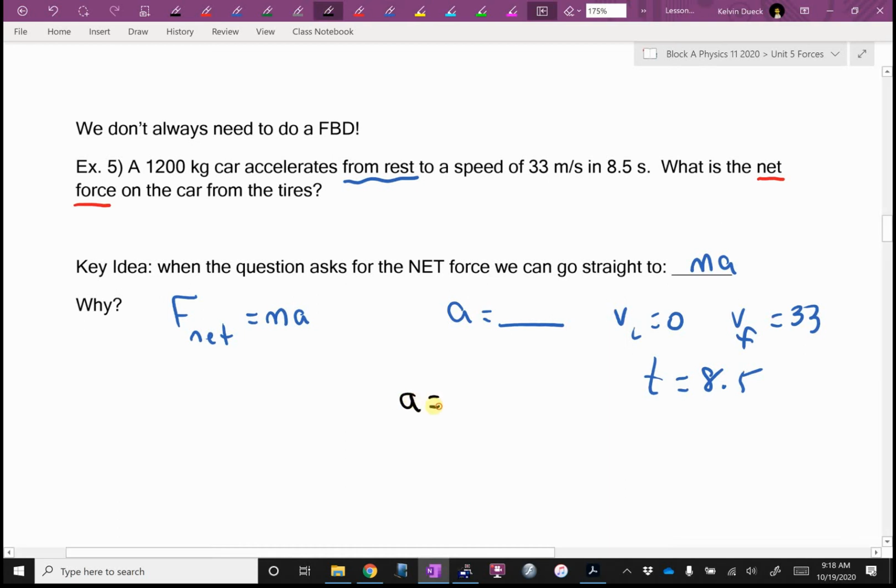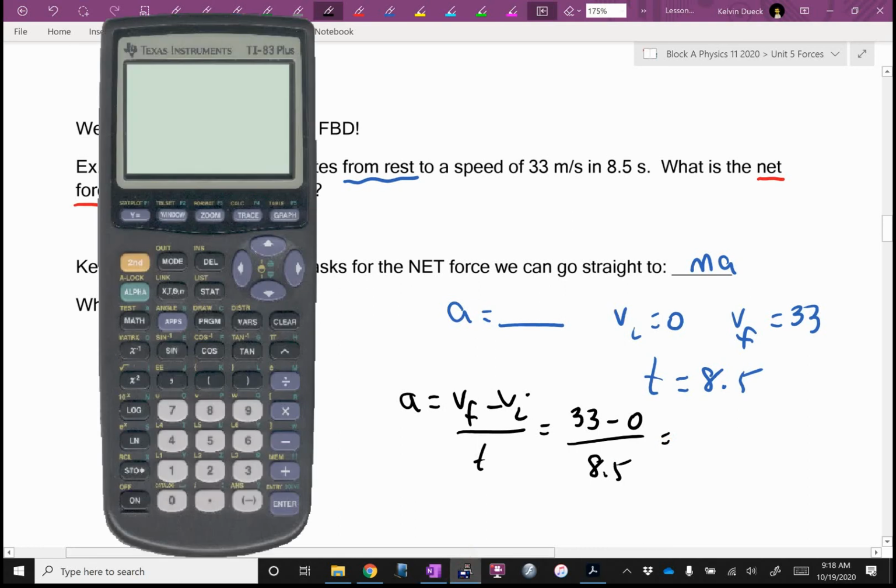You didn't say A equals. Yeah, VF minus VI. So it's going to be 33 minus 0 divided by 8.5. I don't think the minus 0 is going to make a difference, so I'm just going to go 33 divided by 8.5. I get a yucky decimal, 3.88 something. I'm going to write 3.88.